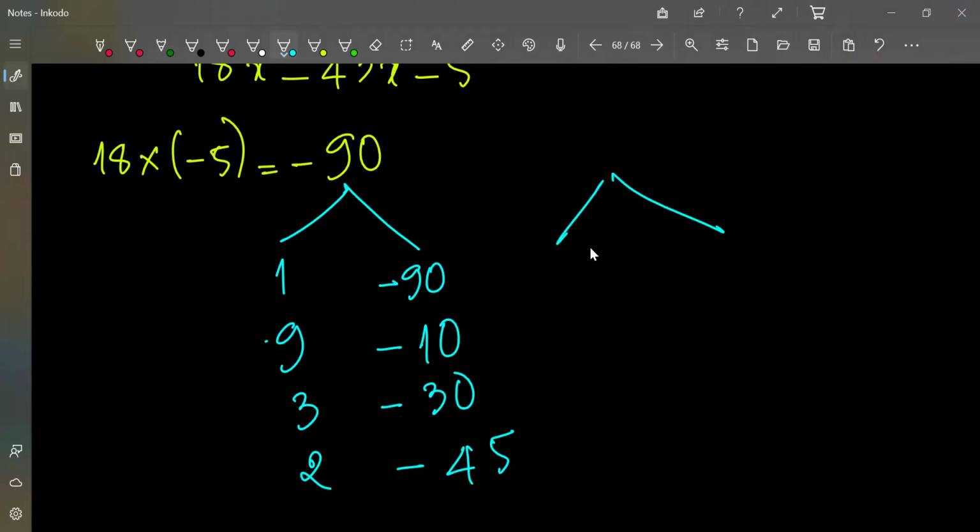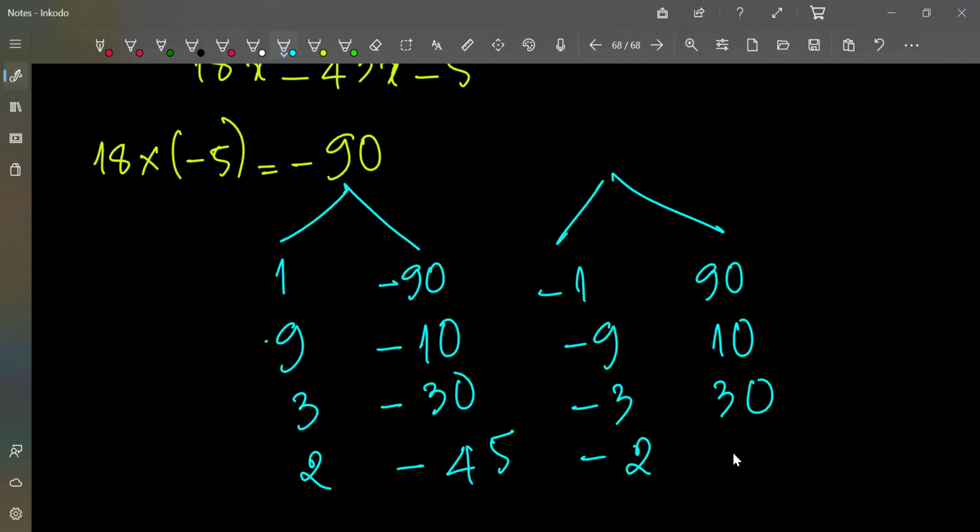Other pairs are negative 1 and 90, negative 9 and 10, negative 3 and 30, negative 2 and 45. Let's check which pair adds up to negative 43. So this is the pair that we are looking for: 2 and negative 45.